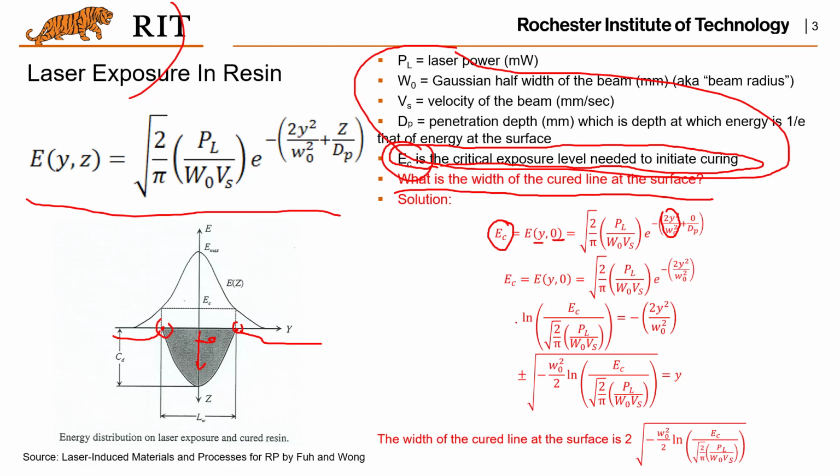We could further convert it to something like this, and you have your y computed. The y only gives you the width from the center to here. For the whole width, you need to double it. And so the solution for the width of the cured line at the surface is something like this.